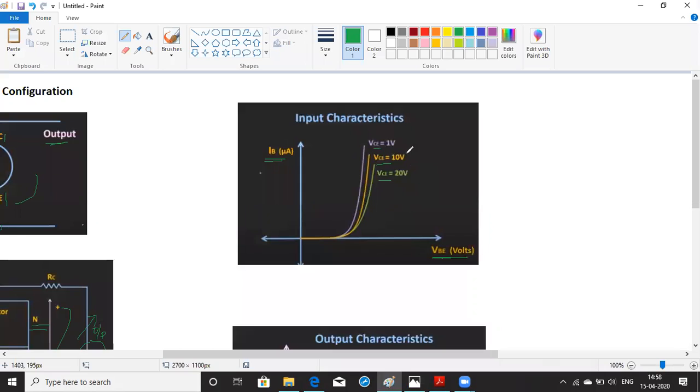Here also, the voltage is decreasing from this point to this point, and these characteristics will also follow the forward bias characteristics of a PN junction diode.